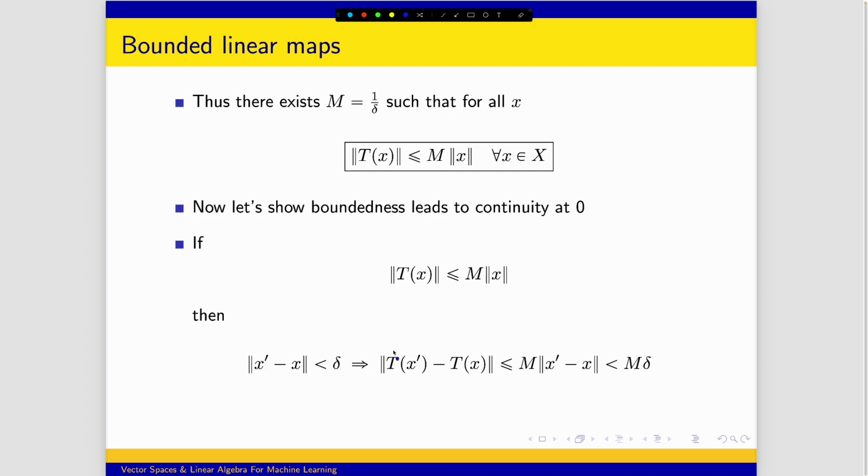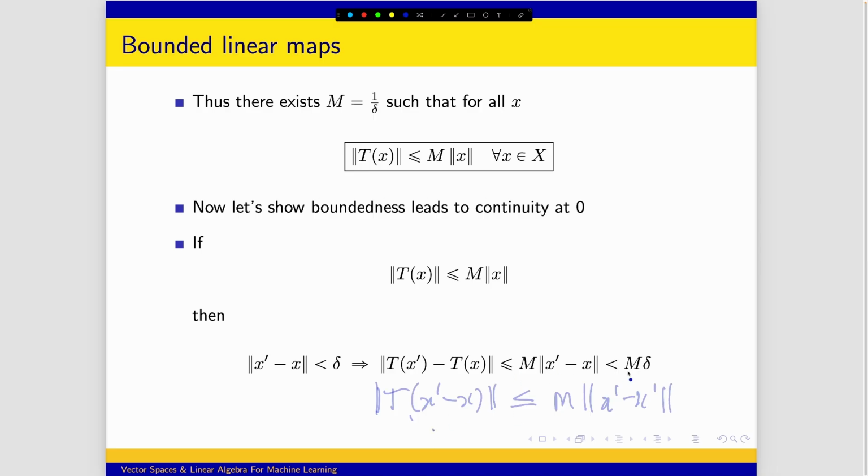Why is that? That's from linearity, because this is equal to the norm of T of x prime minus x. By linearity, this is equal to this, right? And from this condition here, that tells us that this is less than or equal to m times the norm of x prime minus x, right? Which is exactly what I've written here.